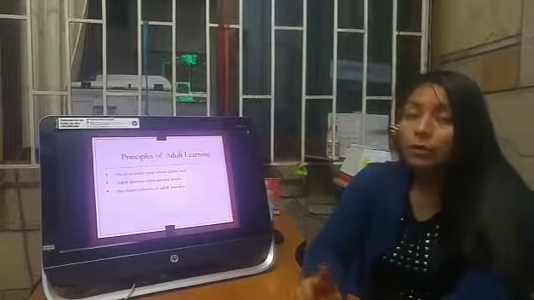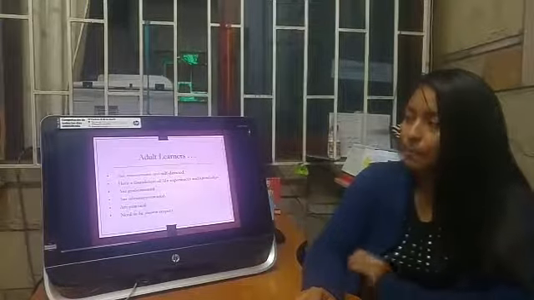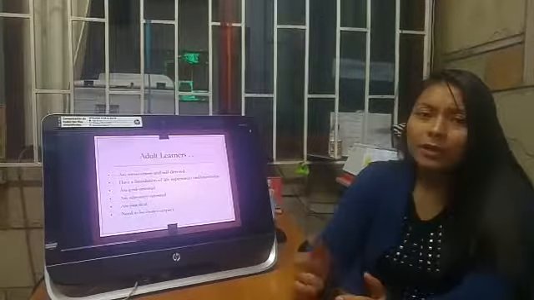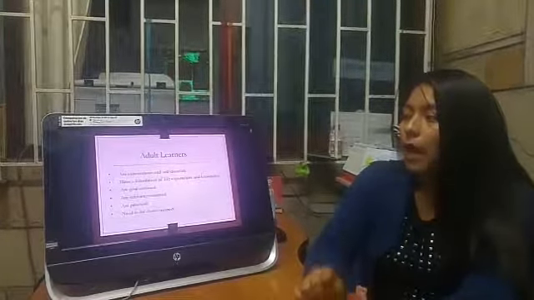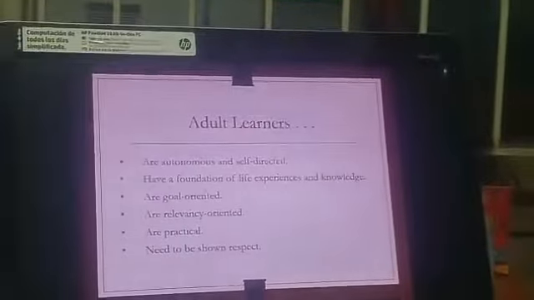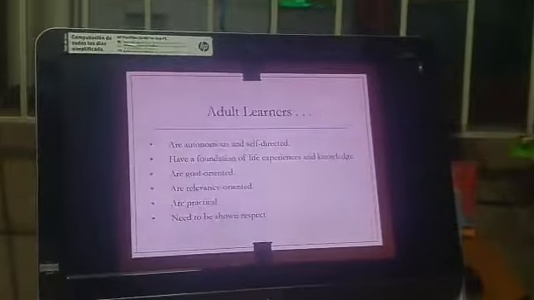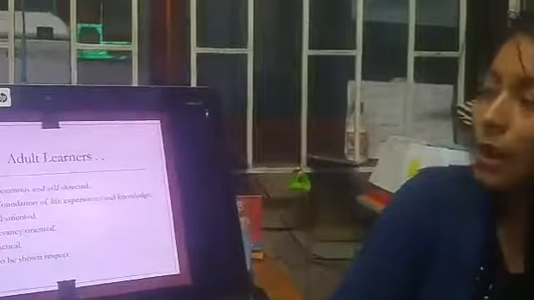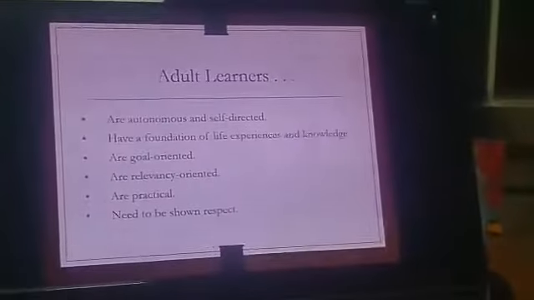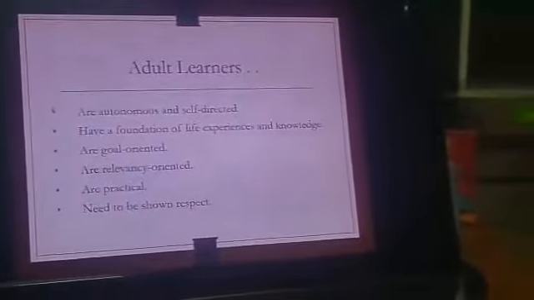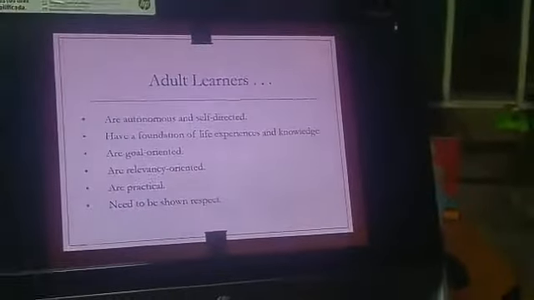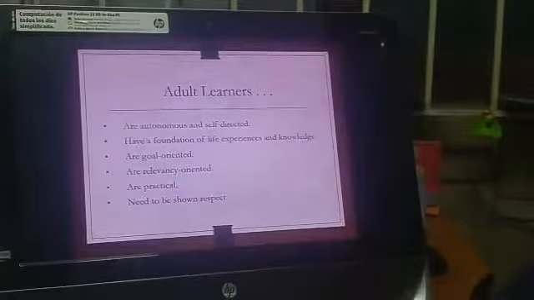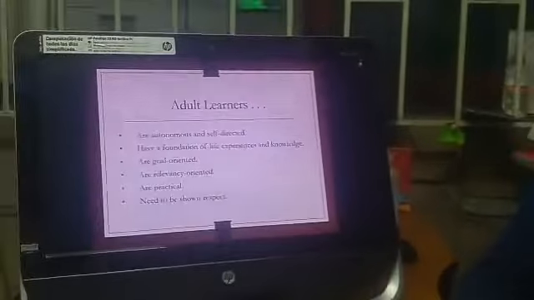Characteristics of adult learning: adult learners are autonomous and have a foundation of life experiences and knowledge. And they are goal-oriented and relevance-oriented, are practical, and need to be shown respect.